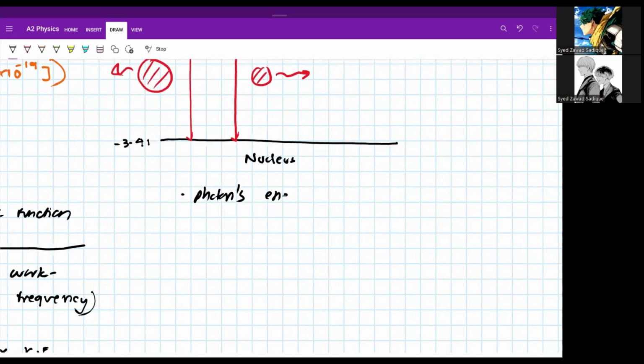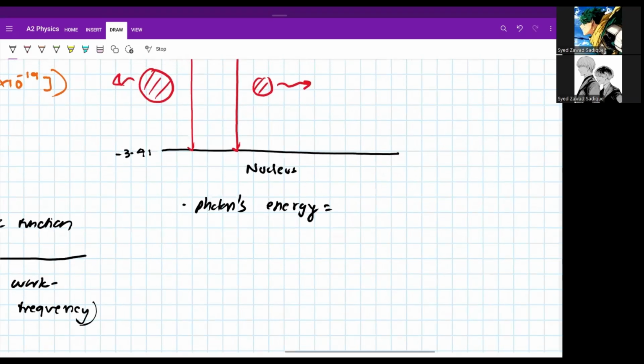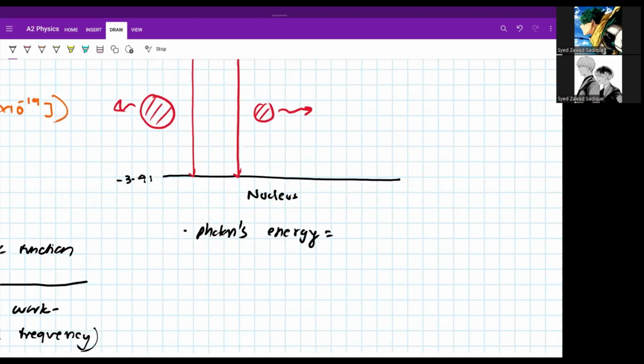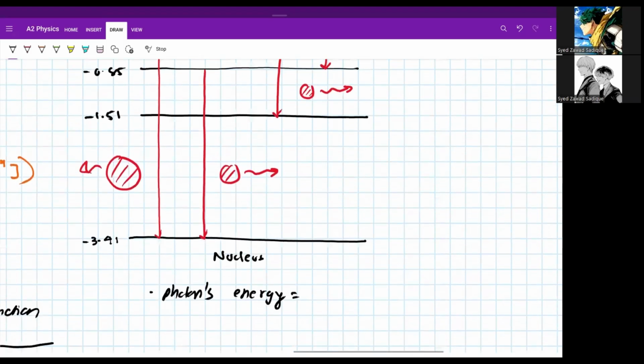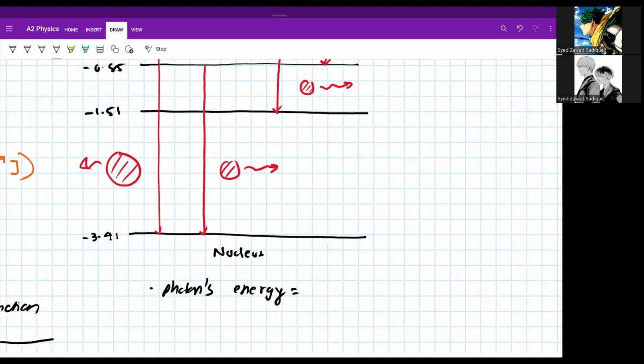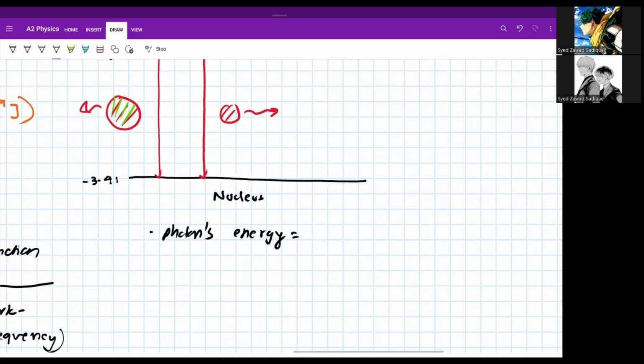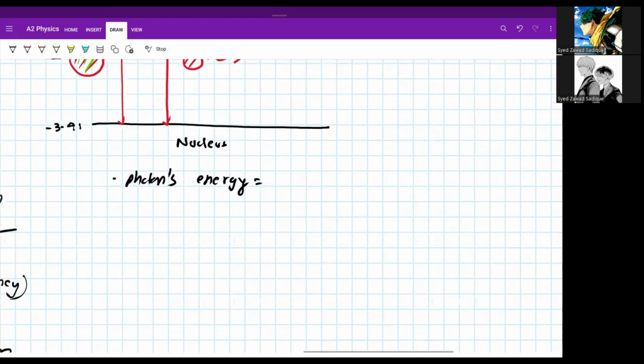Let's take the largest one and find this photon. A photon's energy is equal to 3.41 minus 0.38, which is 3.03 electron volts. It's an example.